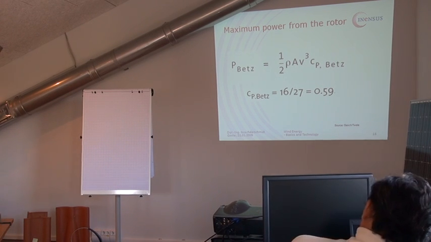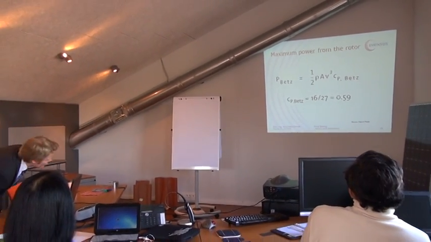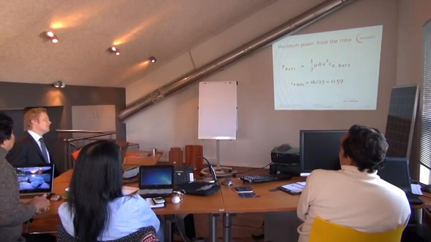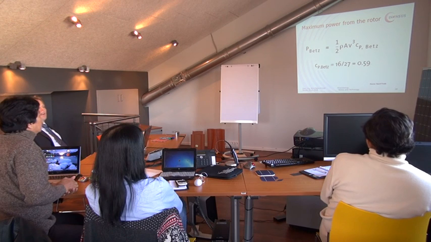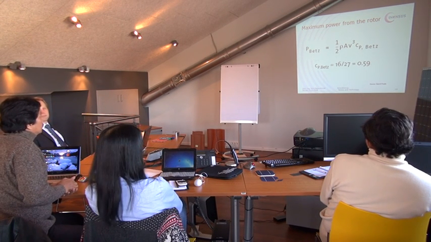It's not 59%. Very, very large wind turbines even get up to 49 maybe, but you usually do not get above 50%. So these 59% are a theoretical maximum which can rarely be tapped.